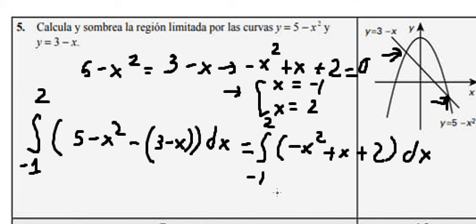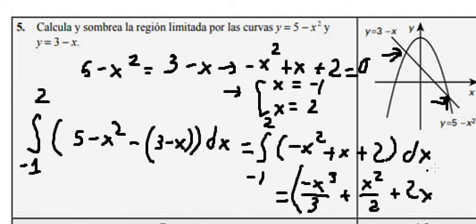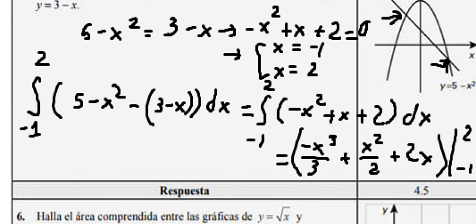And this one we get negative x to the power of 3 over 3 plus x squared over 2 plus 2x. So we put 2 going here, negative 1 going here, and you get 9 over 2.